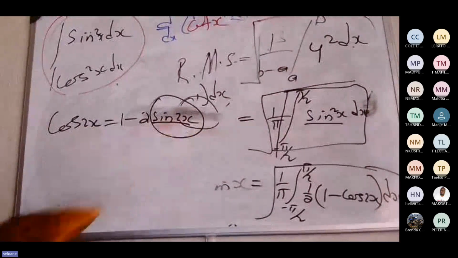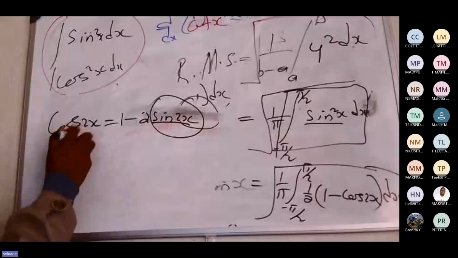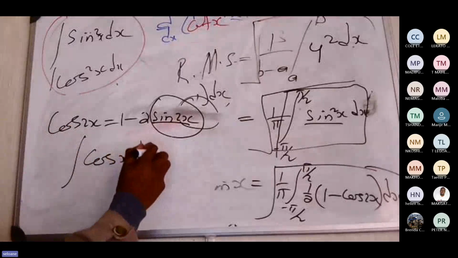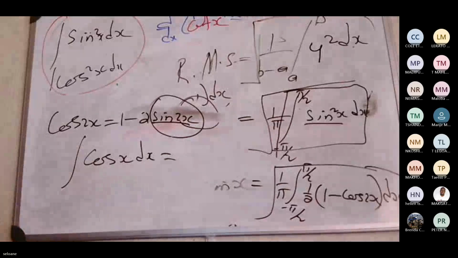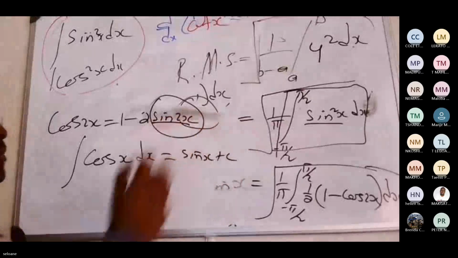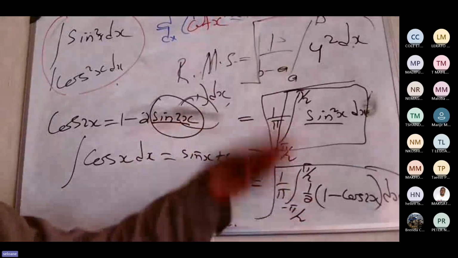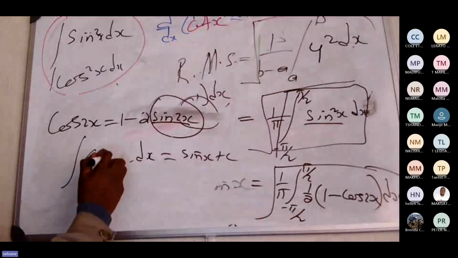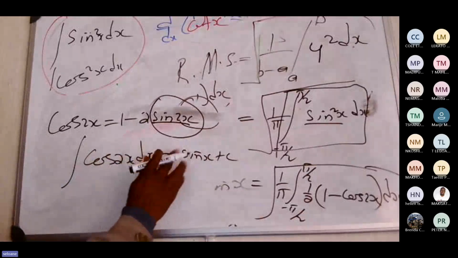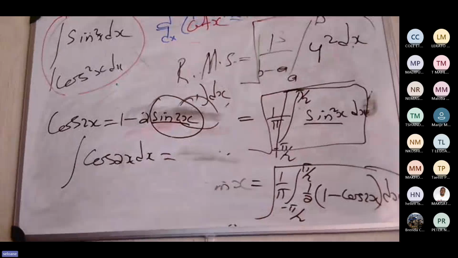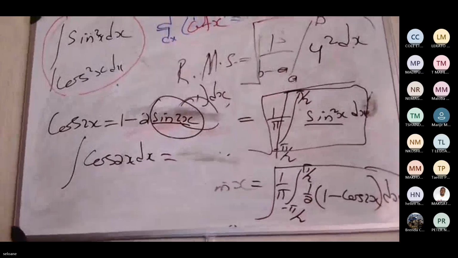Then we know what is the integral of cos x? Sine of x plus c. But because it's definite, we don't even have to include the c. Then what is the integral of cos 2x?